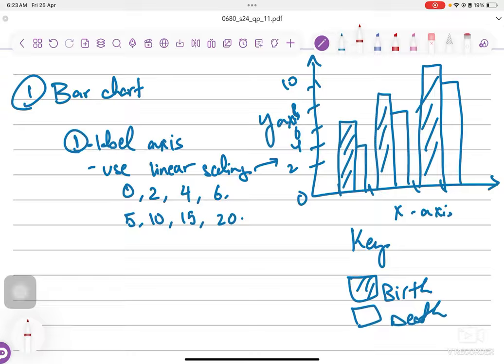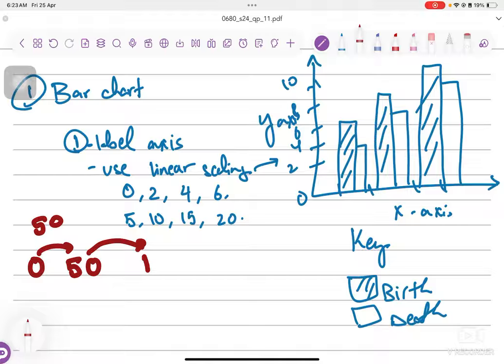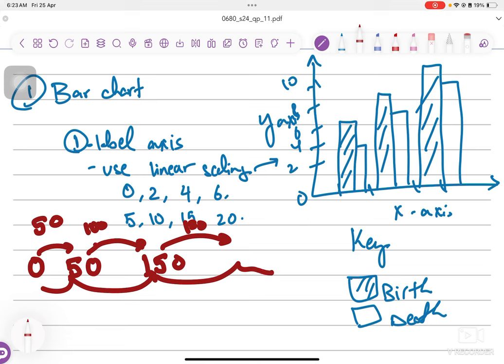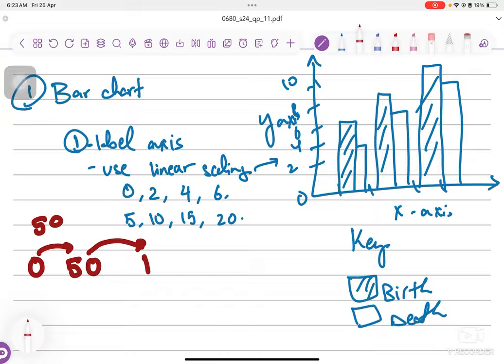What you shouldn't do is start at 0, go to 50, increasing by 50, then jump to 150, increasing by 100. We don't do this. It should be linear. If you're going by 50, then you should go by 50 overall. If you start by 100, then continue going by 100.